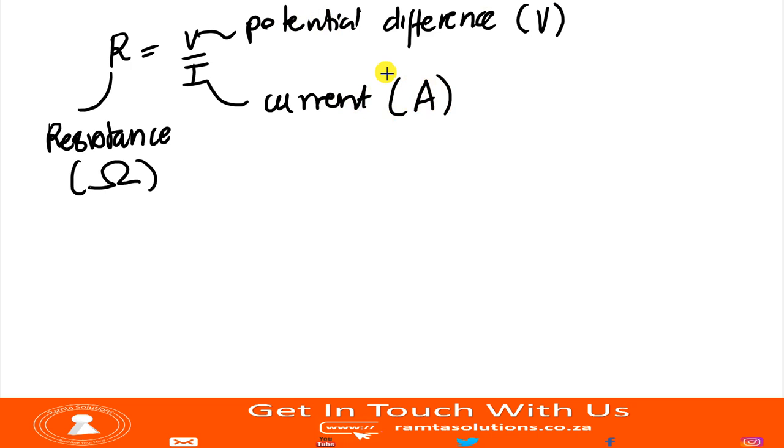So these are the things that you learned in the lower grades. Now we are going to give more meaning to these things. So without any waste of time, let's proceed.